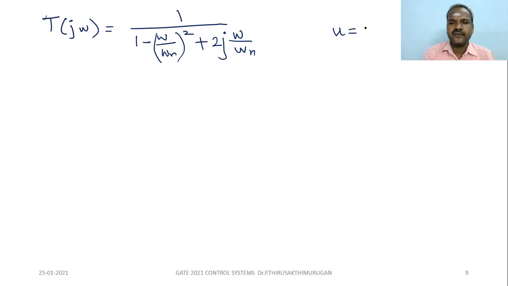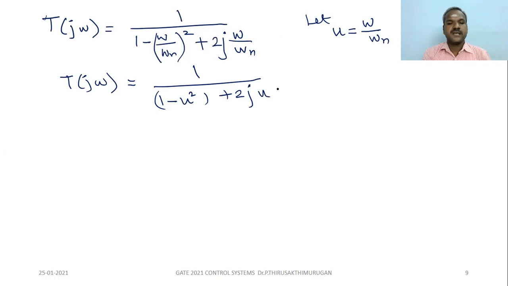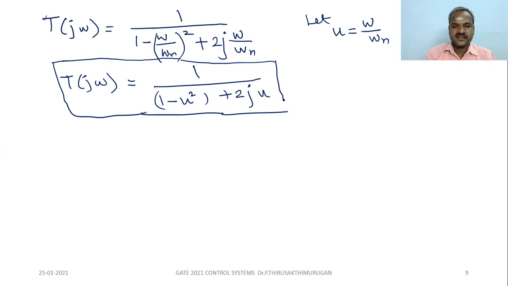So let u equal omega by omega n. It becomes T of j omega equals 1 by 1 minus u square plus 2j zeta u. So this is the simplified form of the second order frequency transfer function.